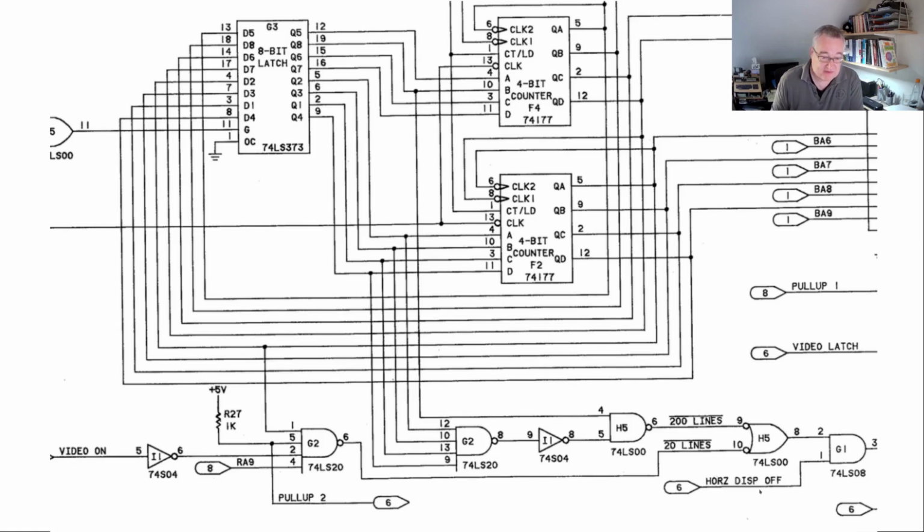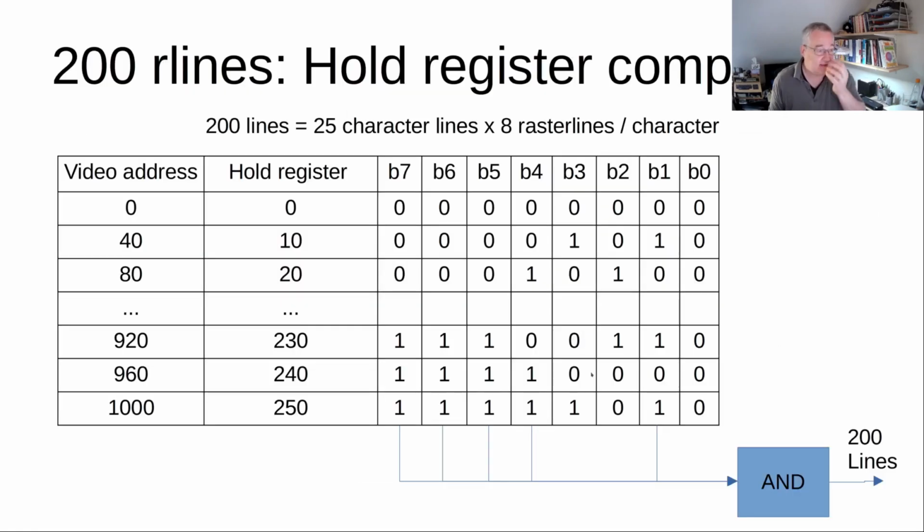And then it looks at, okay, we are off the horizontal display, so we can actually do something with it. When you look at the counter, it's actually quite ingenious, because the hold register only holds specific values. It starts with 0, 10, 20, and so on. Goes to 230, 240, 250. It's all like the video address divided by 4.